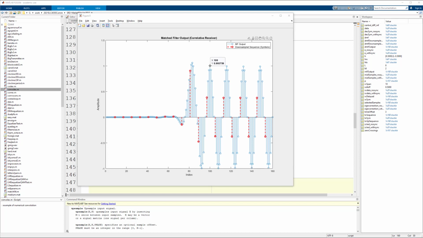On the other hand, if I have non-zero values of the derivative, that means I have not reached the peak position. So I do have some input to the loop filter, and then the loop filter will generate a positive or negative tau, that is the timing offset adjustment.